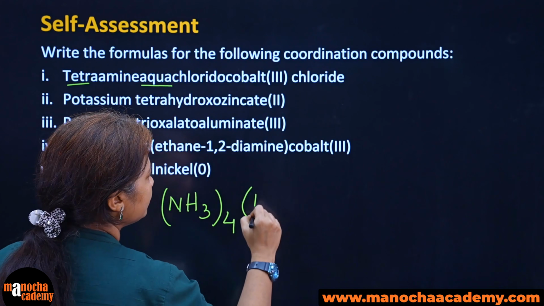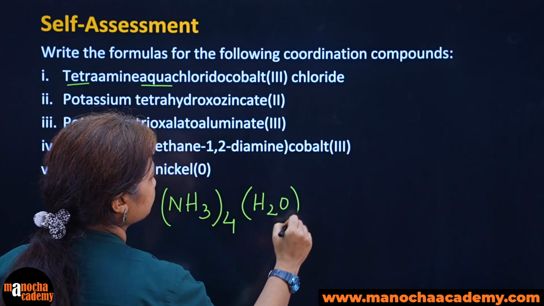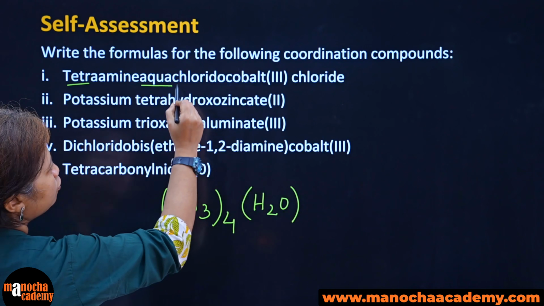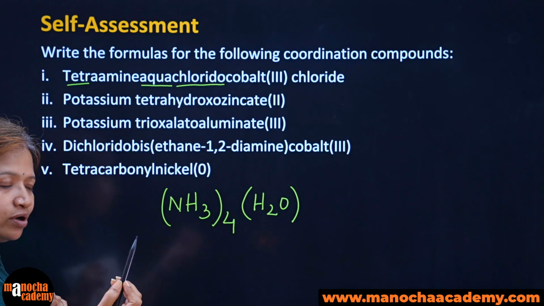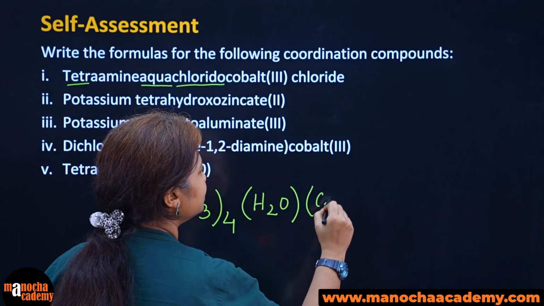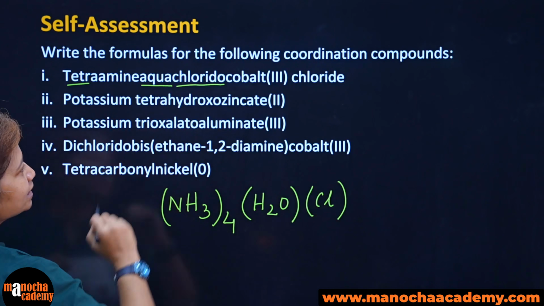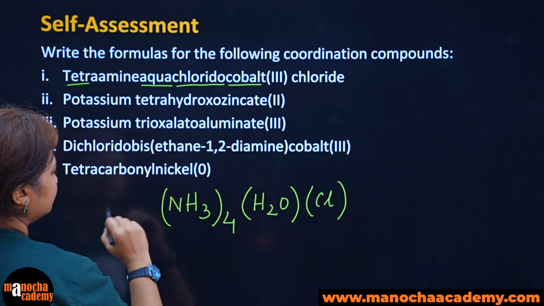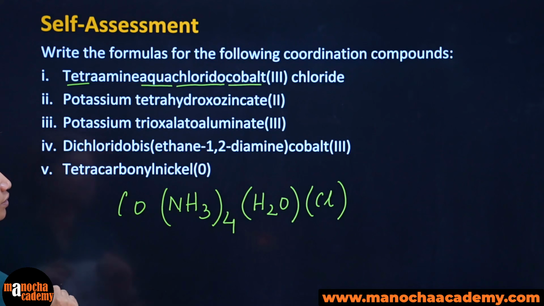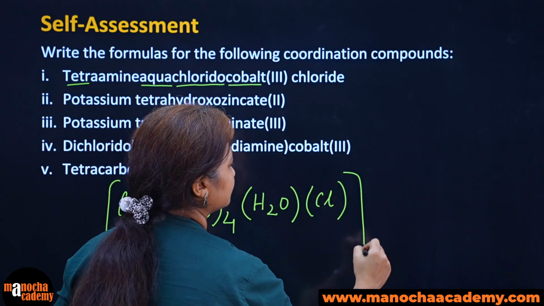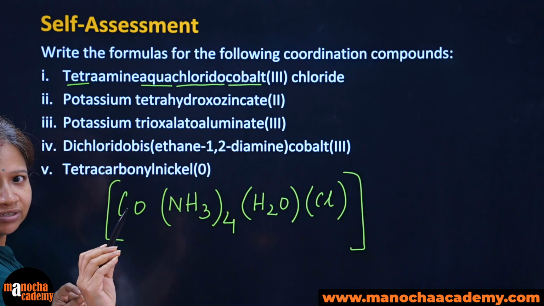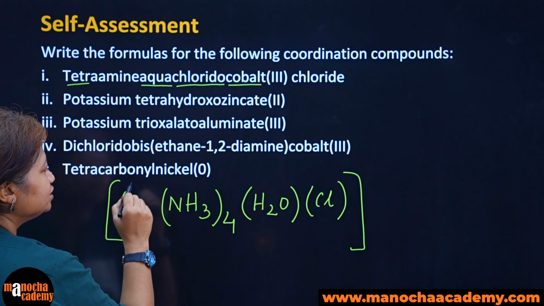That means 1 aqua means 1 water. I have written. Next, chlorido is written. Only chlorido written means only one Cl. Done. Next, what is the metal? Cobalt. So metal comes here. Done. Now, oxidation number 3 is mentioned. Okay. So I know it is +3.